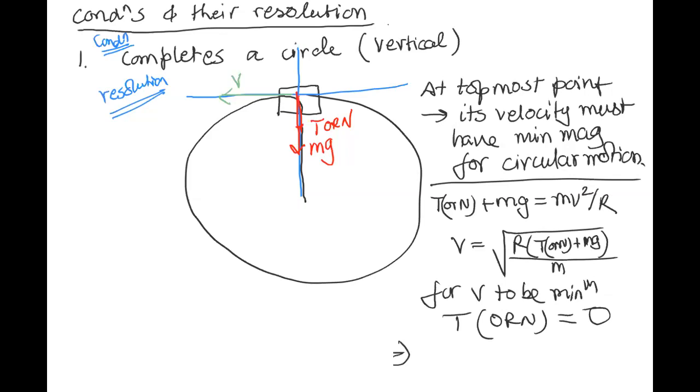This means that the minimum velocity at the topmost point is equal to root rg.